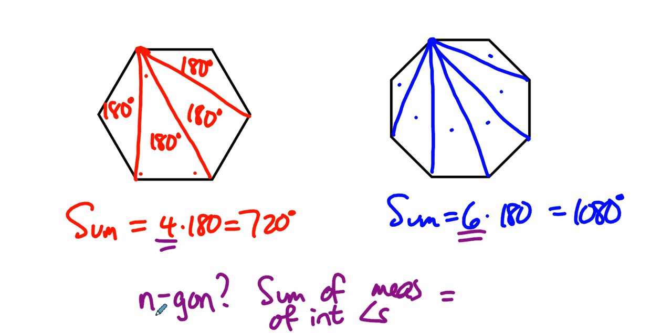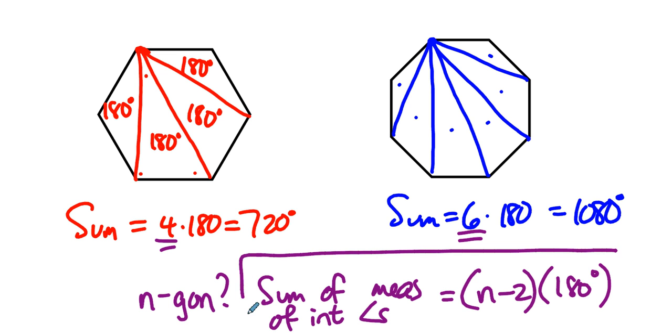When we have an n-gon, we draw n minus 2. No, we draw n minus 3 diagonals. That seems about right. We draw n minus 3 diagonals. That makes one more than that, n minus 2 triangles. 6 minus 2 is 4. 8 minus 2 is 6. So we have n minus 2 triangles, and each of those triangles has an angle sum of 180 degrees.